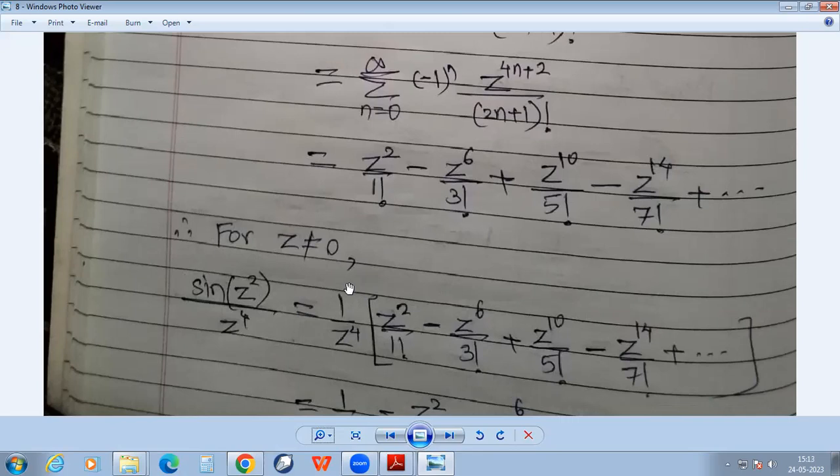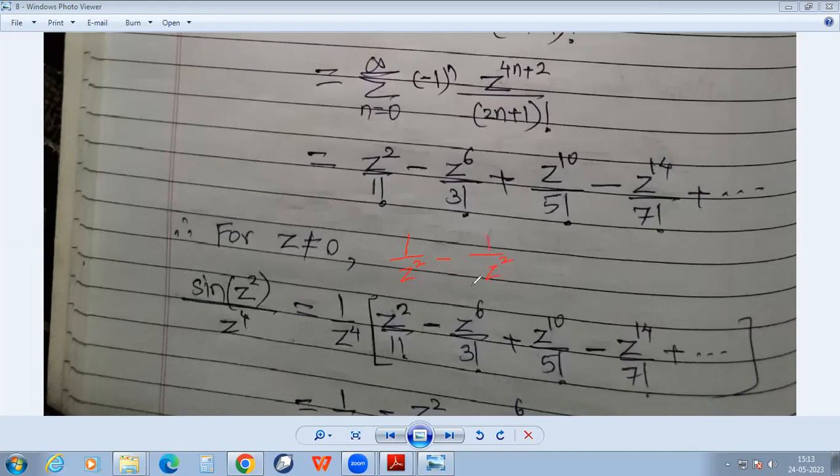So what we get is 1 by z raised to 4 times this whole, and once I expand it, you can check. z square when divided by z raised to 4, we naturally will have 1 upon z square. This is our first term. Now minus, we divide by z raised to 4, it is going to give us z square in the denominator.